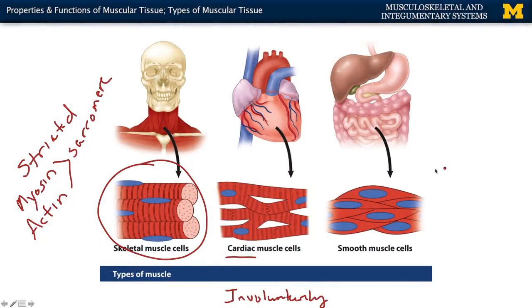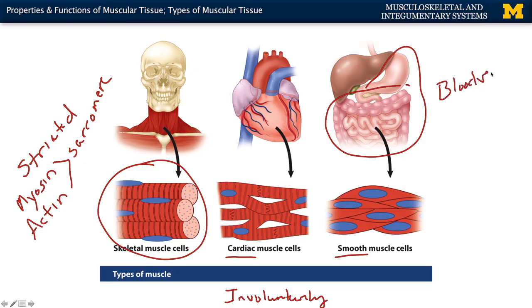Now, the last and kind of the more unique of the muscle cells is the smooth muscle cells. And you're going to have these, obviously, as the image shows, associated with your gastrointestinal portion, so forming the walls of your GI system. But also importantly, you're going to have smooth muscle cells associated with blood vessels. So particularly in terms of arteries, you're going to have quite a bit of smooth muscle cells associated with that.